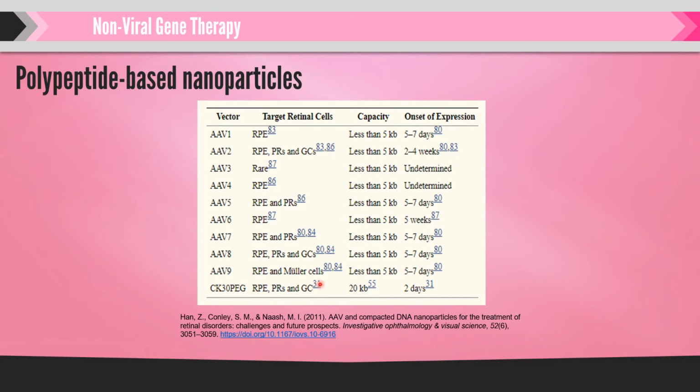They were able to target a good amount of retina cells, and their carrying capacity, of course, was significantly larger. What this paper concluded was that their onset of expression was actually a lot sooner than most of the other methods, and this made CK30PEG a preferable therapy to look into.